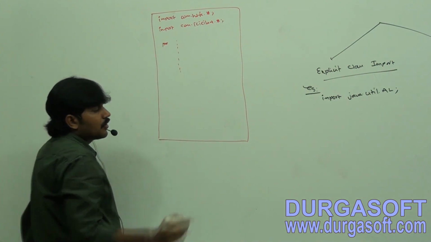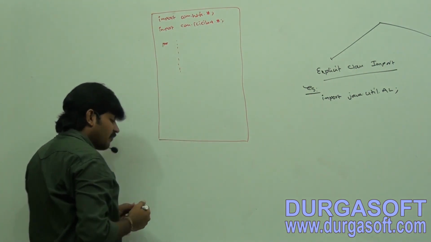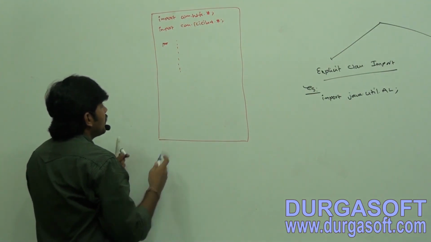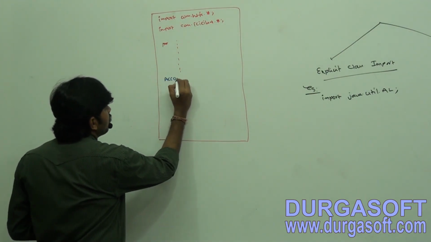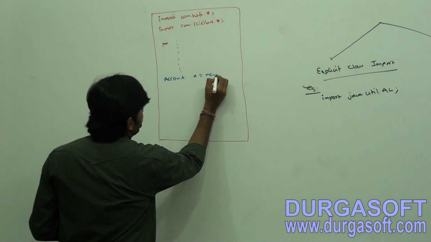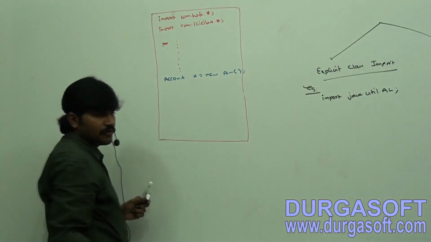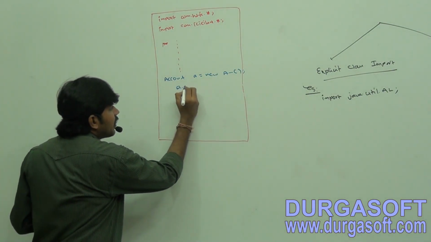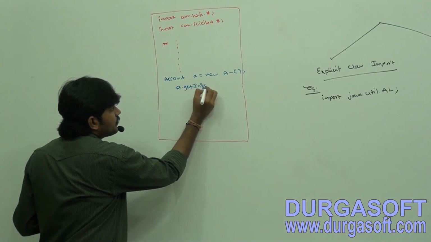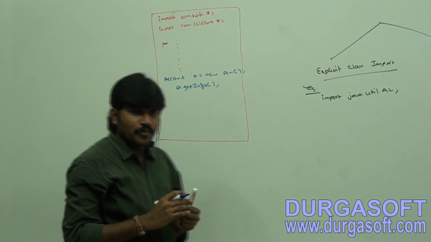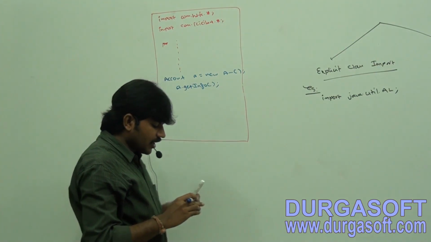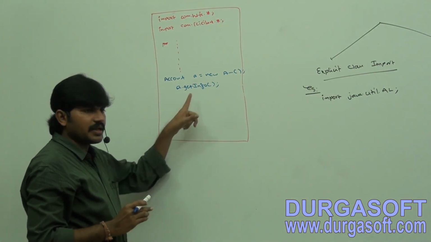Somewhere within the code I'm using Account a = new Account(), and then a.getInfo() method is there. Account a = new Account(), a.getInfo(), right?